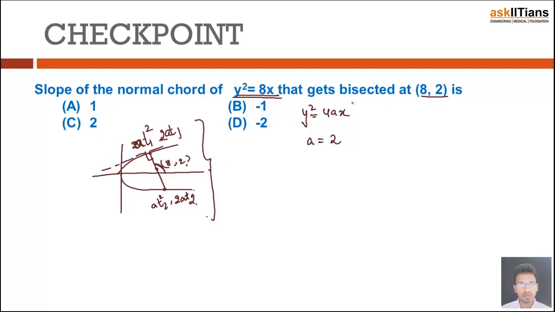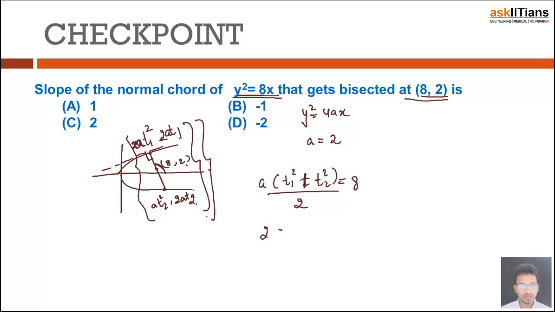The first thing given in the question is that it is bisected at (8, 2). So I can write the midpoint: a(t1 square plus t2 square) divided by 2 will be equal to 8, and from this, 2a(t1 plus t2) by 2 will be equal to 2.